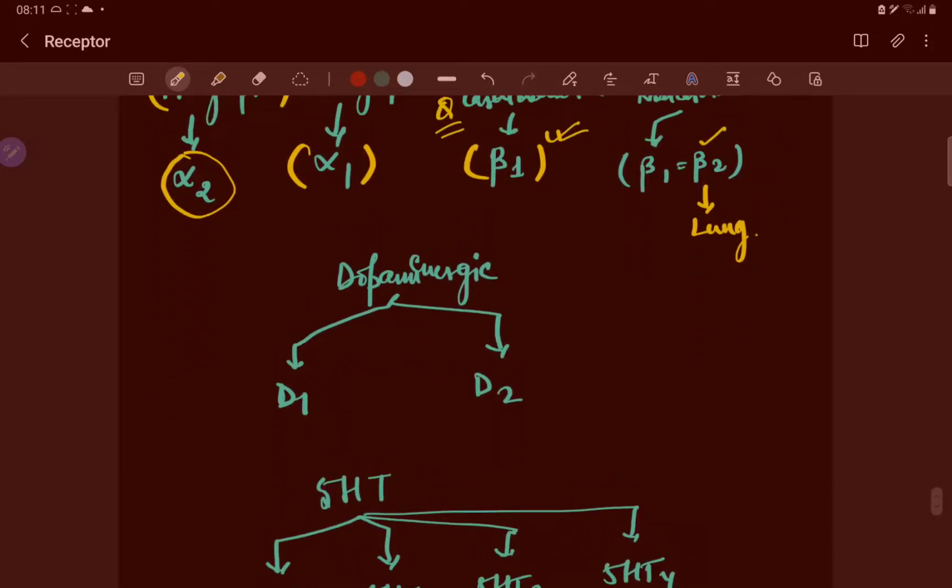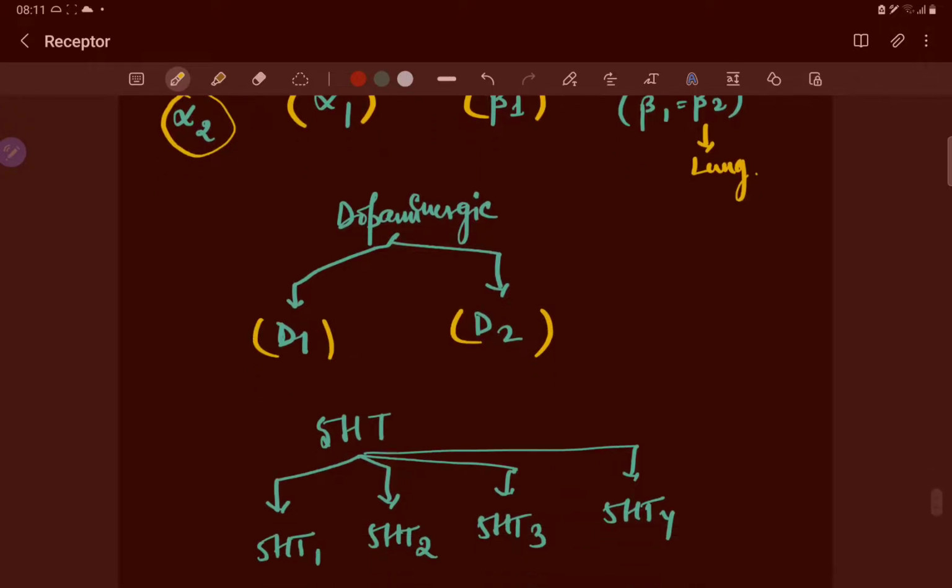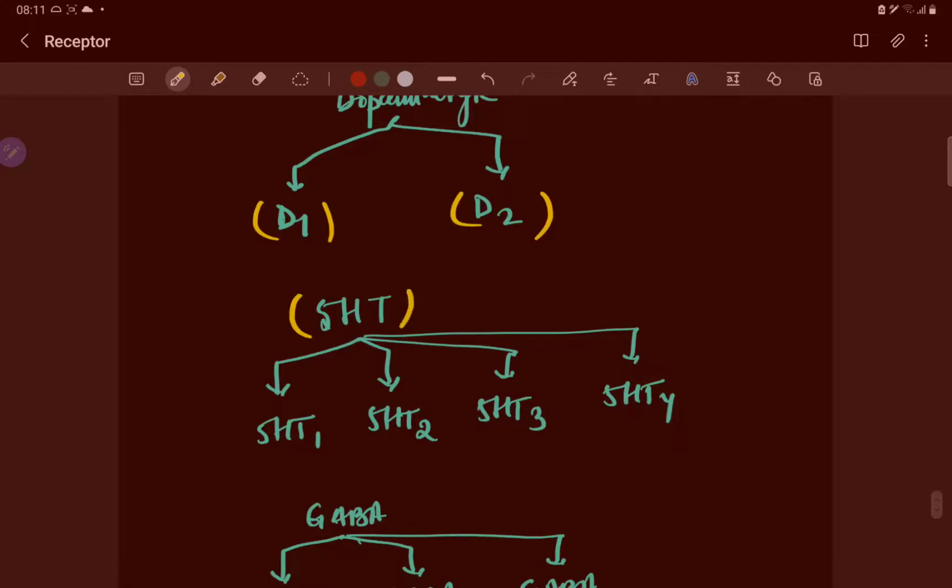Now, dopaminergic receptors: there are D1 and D2. And 5-HT, that is serotonin, has 5-HT1, 5-HT2, 5-HT3 and 5-HT4. Can you tell which category ondansetron belongs to? Is it an agonist or antagonist of which serotonin receptor? It is a very important question.